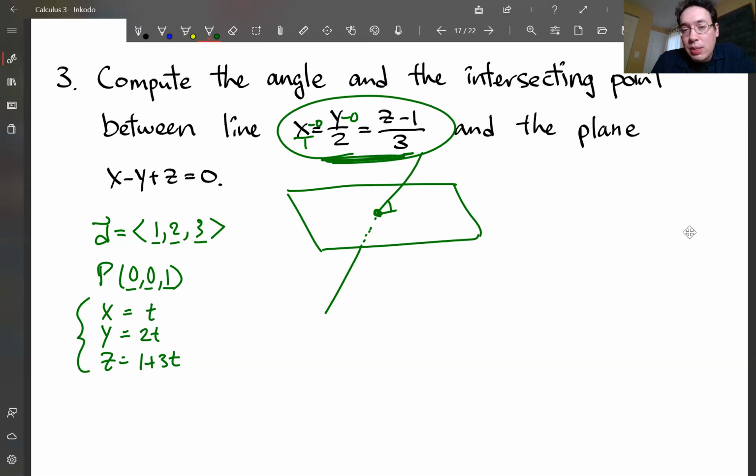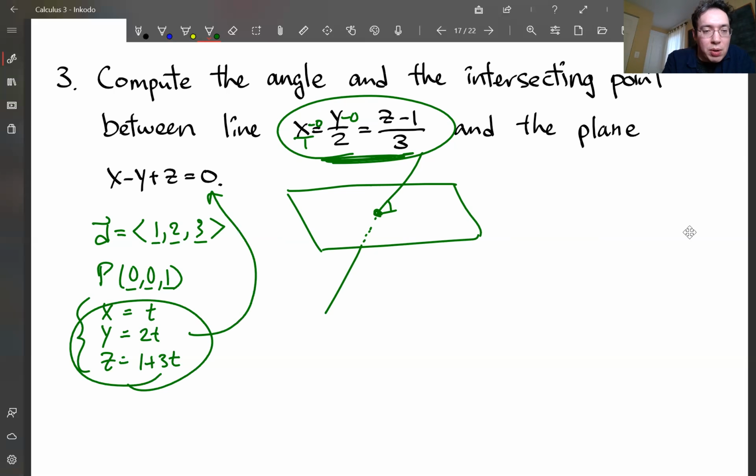And to see where they intersect, I take this equation and plug it into the equation of the plane. Okay, so x is replaced with t, and y is replaced with 2t, and z is replaced with 1 plus 3t.